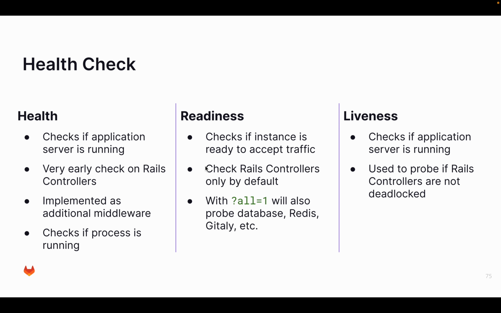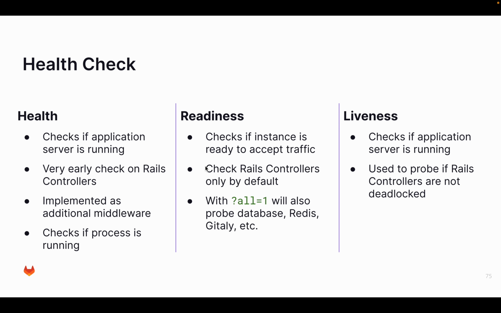So that's the final stage in an operating and running instance. Check if GitLab is still responding or not. GitLab can be healthy and ready and still not responding because processes are deadlocked. So all 3 of these have to be healthy in order to have a fully operating instance.